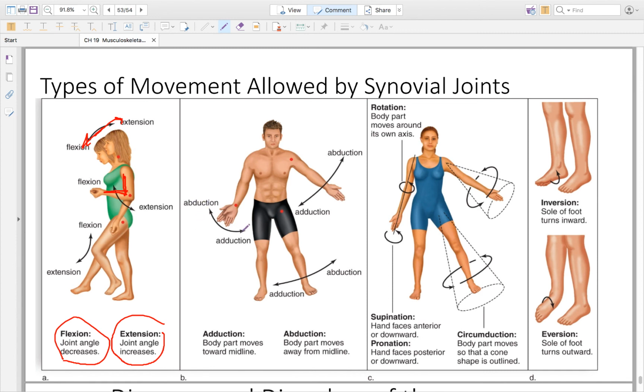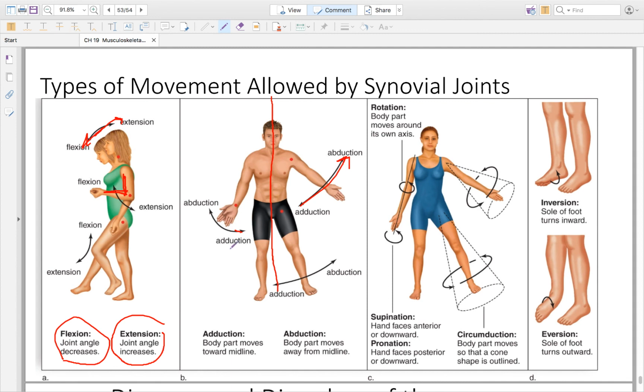Abduction means you're moving something away, like think of abduction by aliens, right? It's taking you away. Okay, so when you move your arm out or your leg out, that movement is called abduction. And really, you're moving it away from the midline, which is the center. This is your midline.